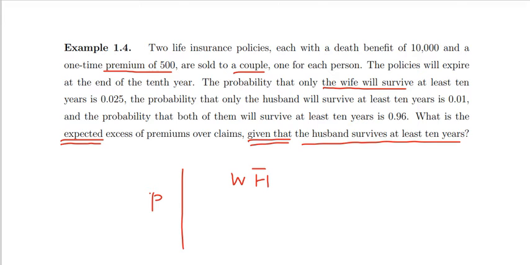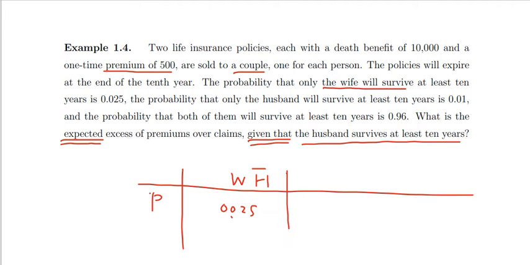So we just check all these cases. Such a probability on the wife is 0.025. And only the husband will survive, so the wife died, husband survived.